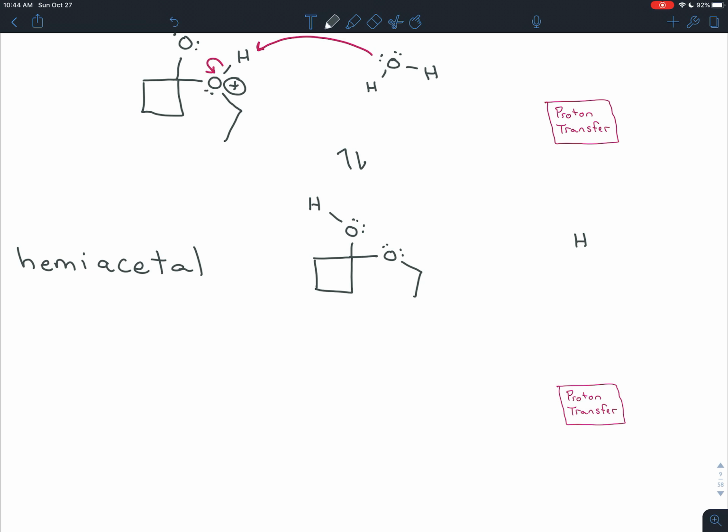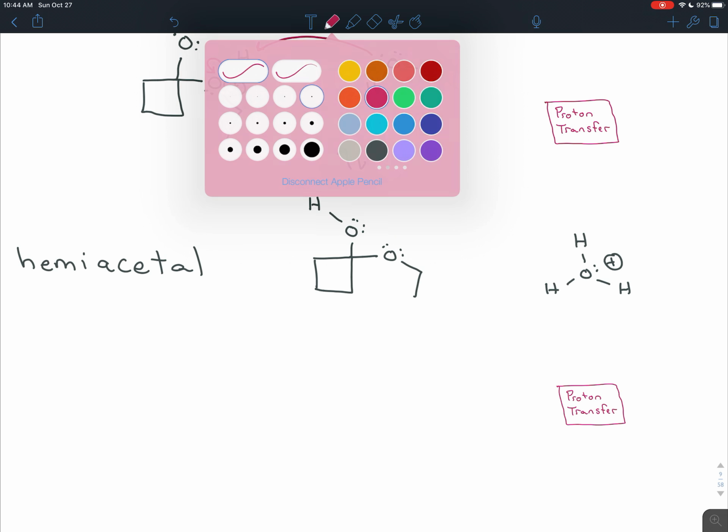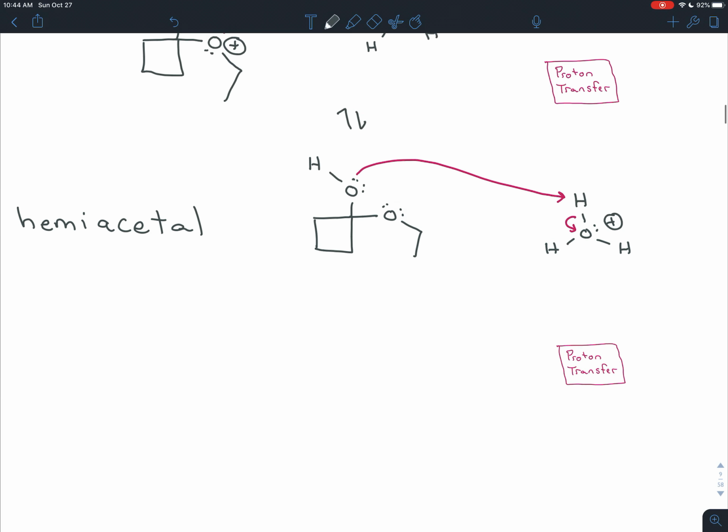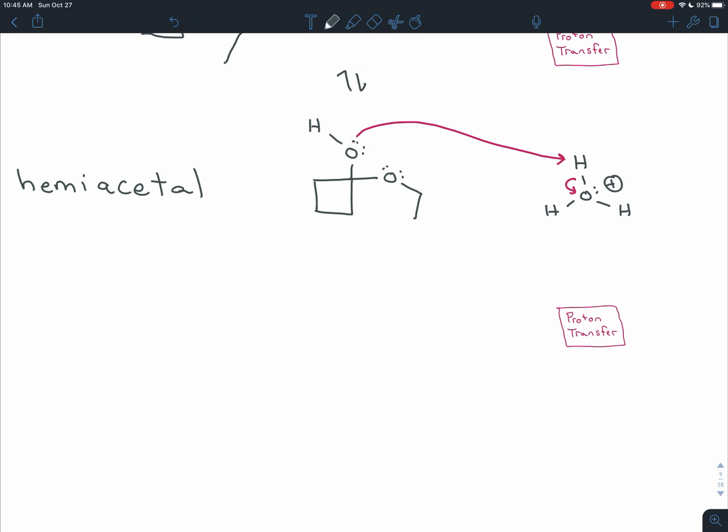And the acid that we're going to use to do that is going to be hydronium. So this OH, slightly negative oxygen, steals the slightly positive hydrogen on this hydronium, and the electrons go onto the most electronegative place nearby. So that's our proton transfer.